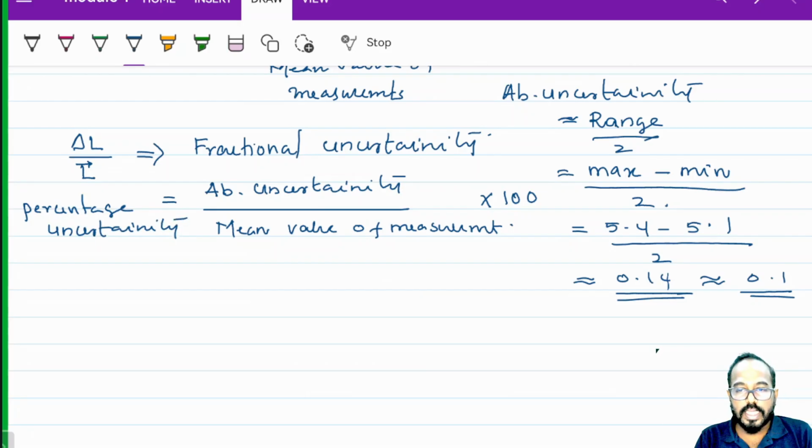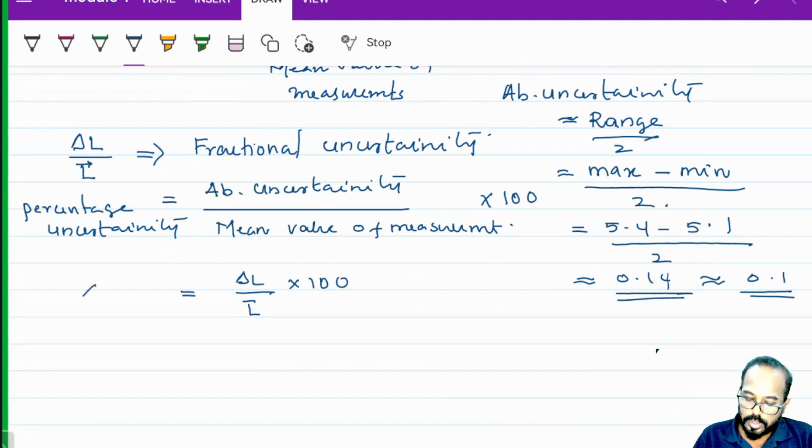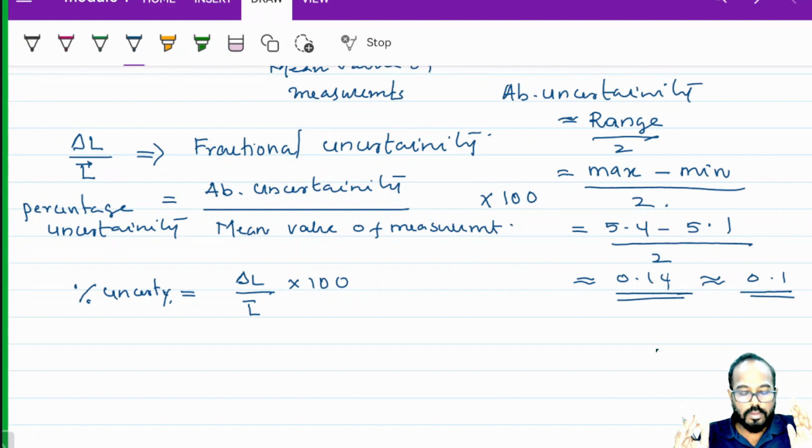So remember with this example, length you are measuring. Delta L is the absolute uncertainty divided by the mean value multiplied by 100. So you will get percentage uncertainty. So now the theory part for uncertainty and percentage uncertainty is over.